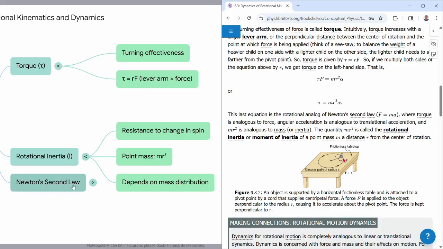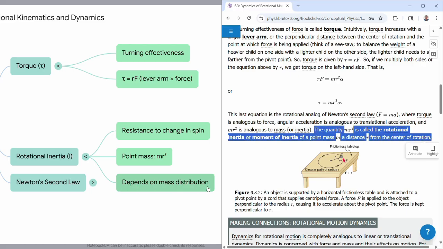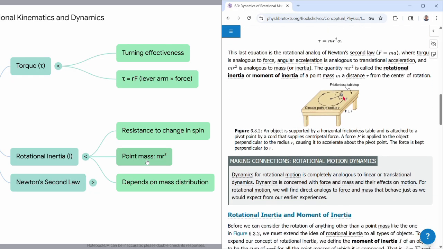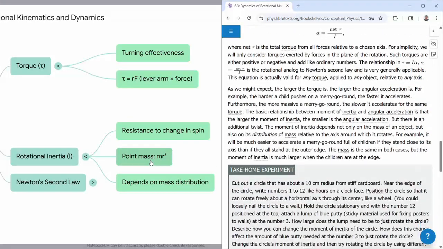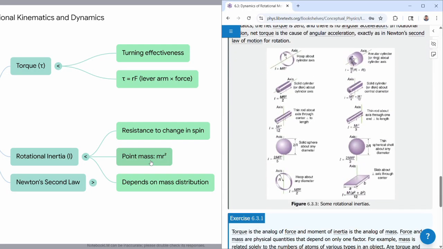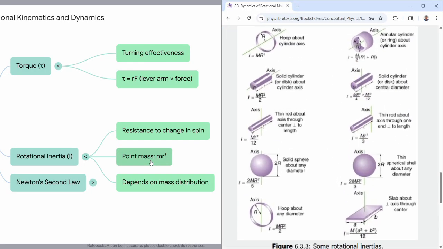And as we are getting there, the formula for rotational inertia is some form of mass times distance squared. Now it does depend on mass distribution, so it can be a little bit complicated for rigid bodies that are not point masses. There's a table of rotational inertias in the textbook, and again, our coverage is mostly conceptual, so you don't have to do calculations with those.